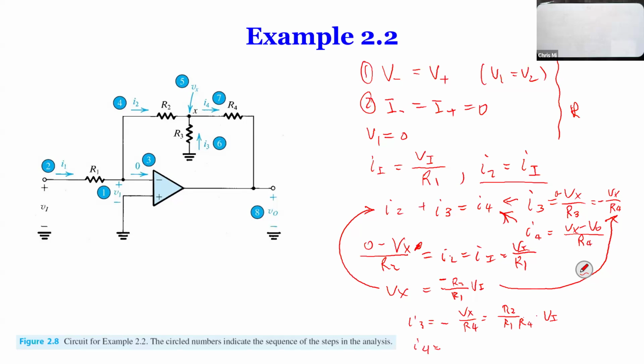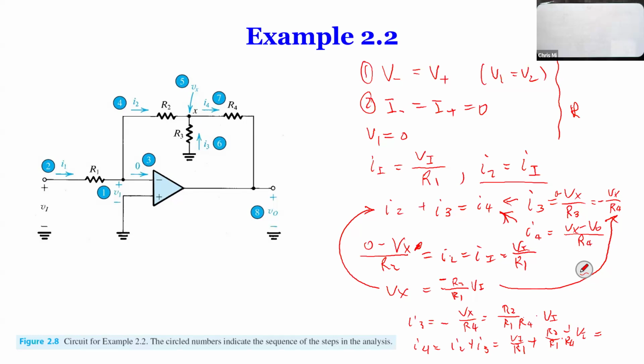So I4 is going to be I2 plus I3. So I2 we found is Vi over R1, plus I3, which is R2 over R1 R3 times Vi. And then therefore you can have I4.